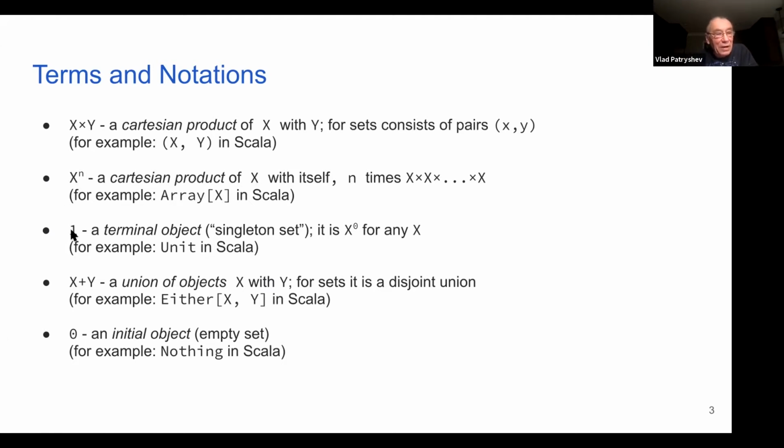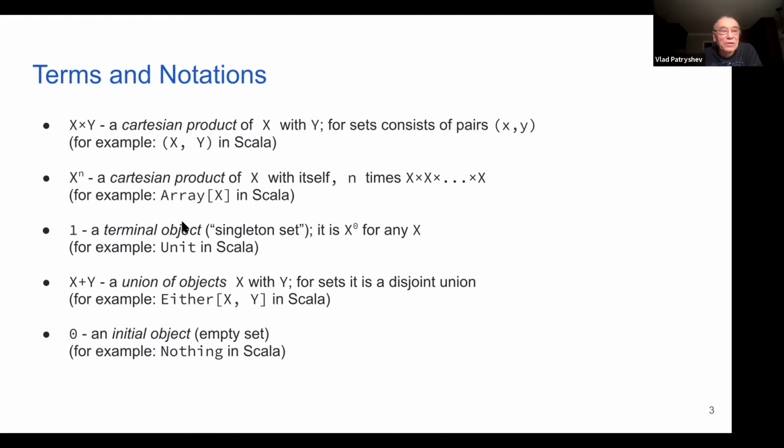X to the power of 0 is a special Cartesian product. It is a terminal object, also known in sets as a singleton set. In Scala, the terminal object is the type Unit, in the category of types of Scala.